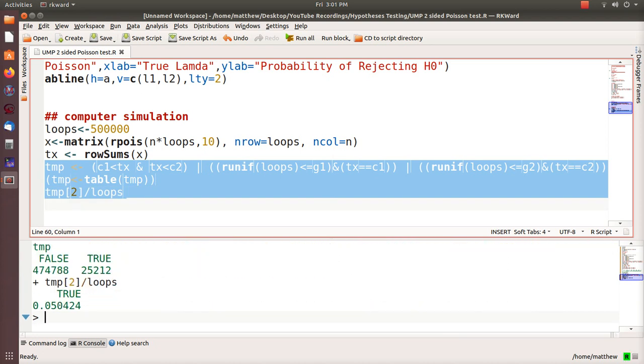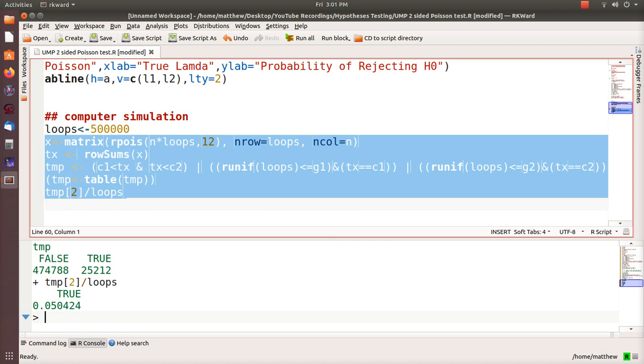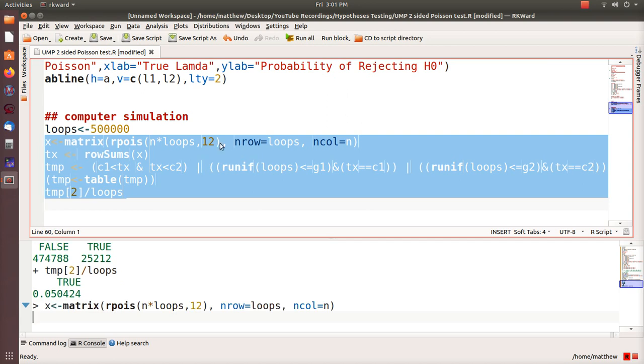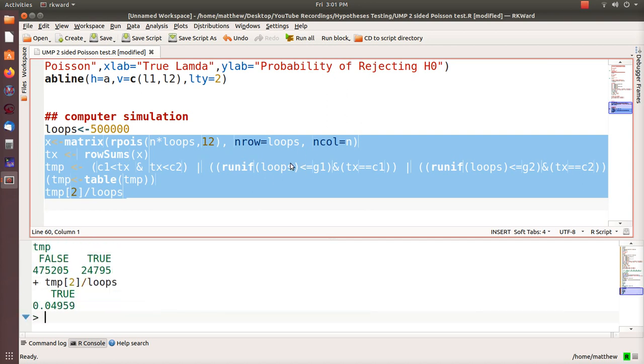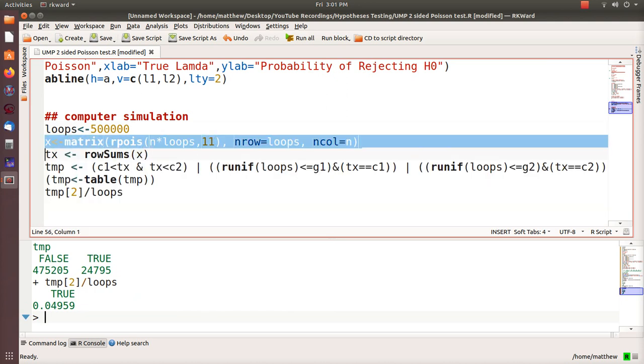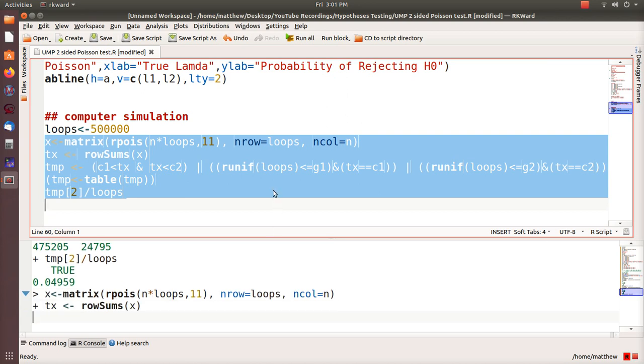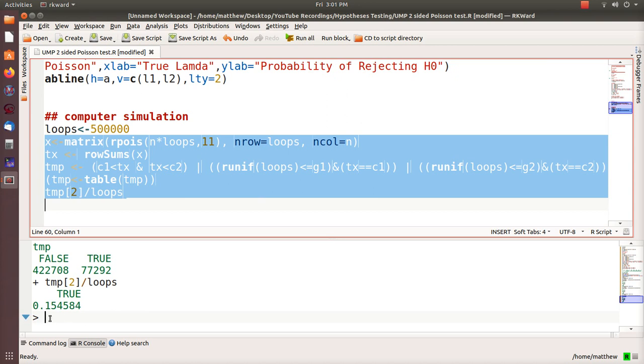We count how many times, divide it by how many loops, which is 500,000, and it should be the alpha value of 0.05. That's a boundary point. Now let's do it for 12, which is another boundary point, and we should get approximately 0.05 in this simulation, and we do. Now in the middle, the power at 11 we said was a little bit over 15%. Let's see what it is, and it is 15.4%.